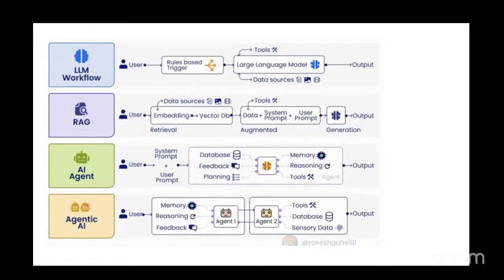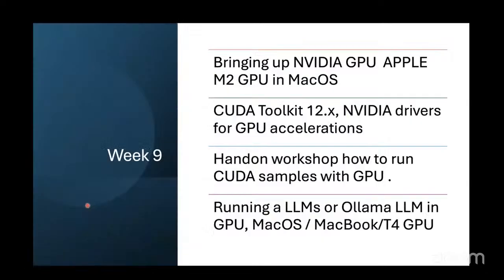So in week 9, we may be talking about how to bring up other LLM models. For example, if you have an Apple M2 in your MacBook, or an M4 GPU, how can you install the CUDA toolkit and how to make an LLM model work on your own laptop. All of those will be discussed.